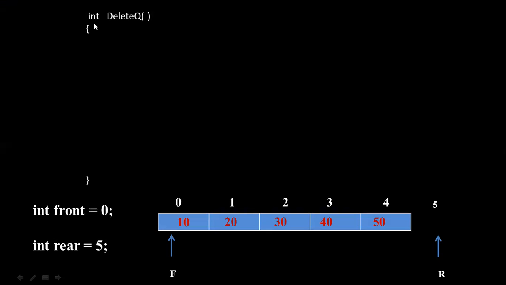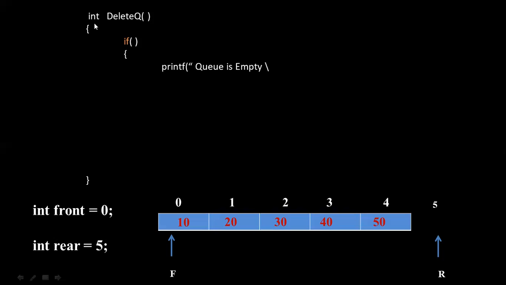Suppose you want to delete an element from the queue, then we need to check whether the queue is empty or not. Because if the queue is empty, then we cannot delete an element from the queue. So in case of deletion, on some condition, we need to print that the queue is empty.